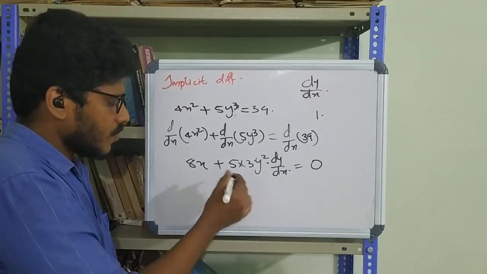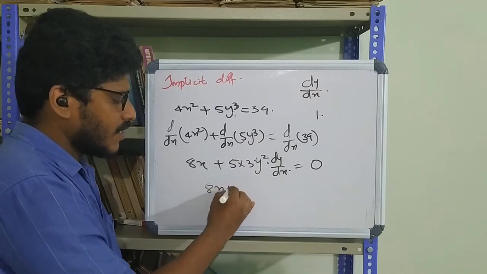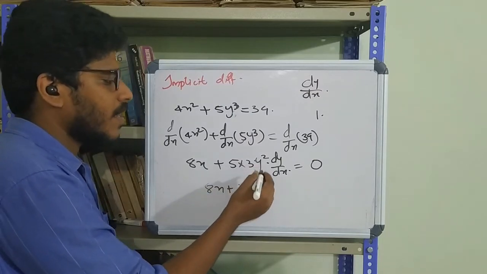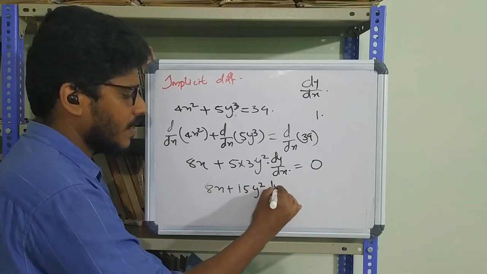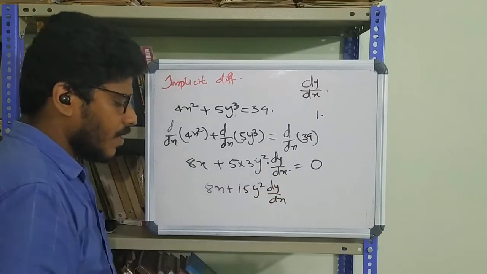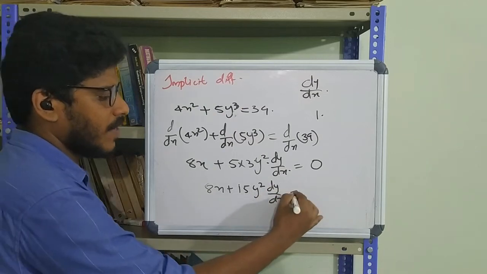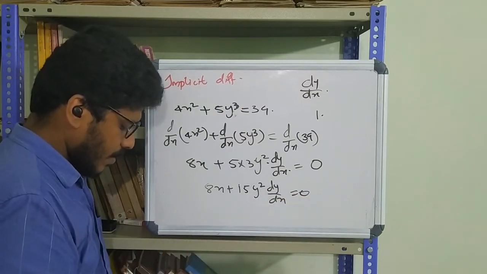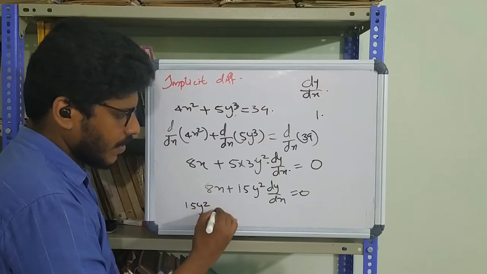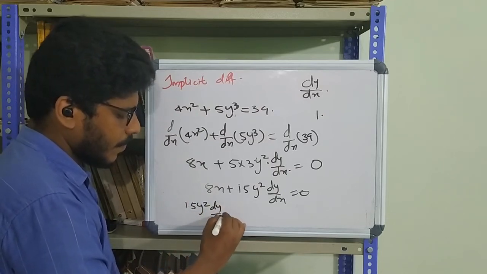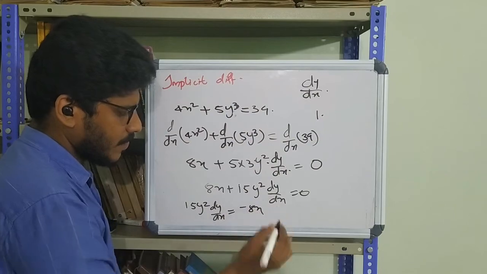Right. So simplifying this, we'll have 8x plus 5 into 3 into y square, so it will be 15y square dy by dx. Now we can solve this for dy by dx. 15y square dy by dx equal to minus 8x.